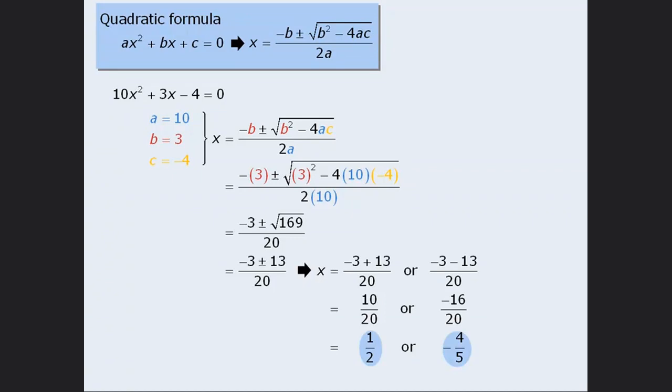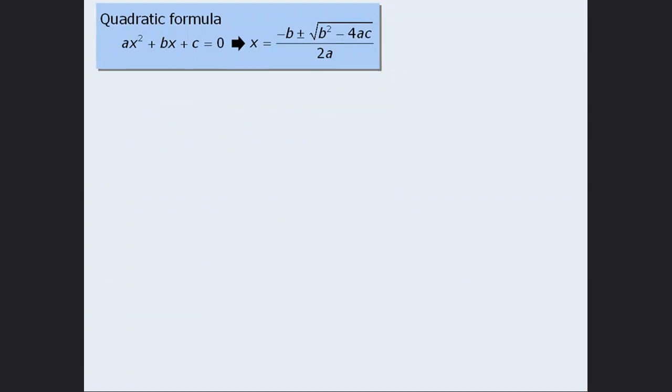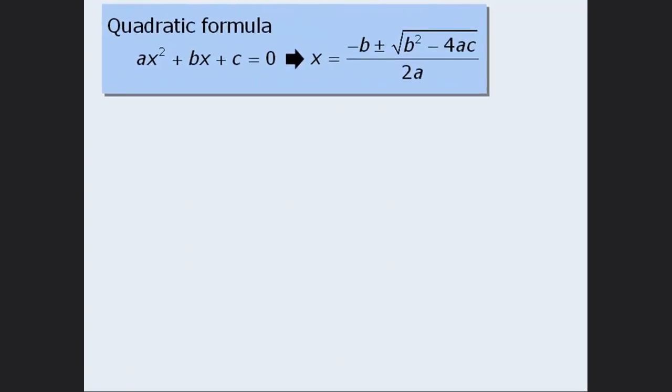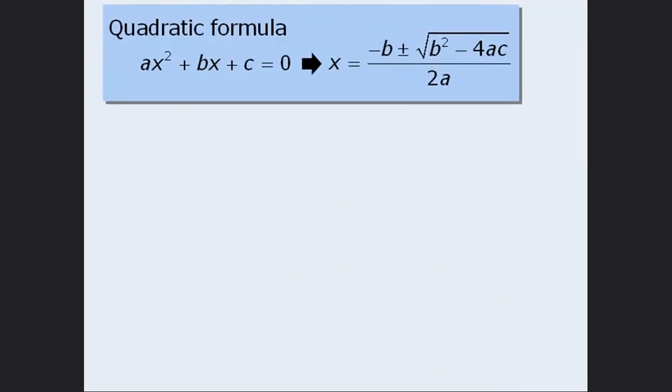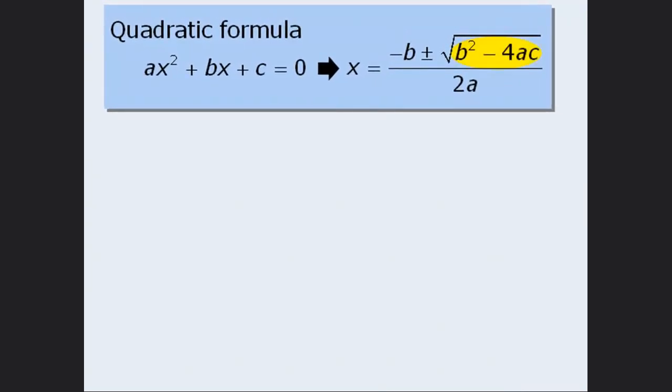Now, as I said, it is very unlikely that you will ever need to apply the quadratic formula to a GRE question. However, it is conceivable that there are some advanced questions out there that might require you to know a little bit about this portion of the formula inside the square root. The question might require you to be aware of the fact that some quadratic equations cannot be solved.